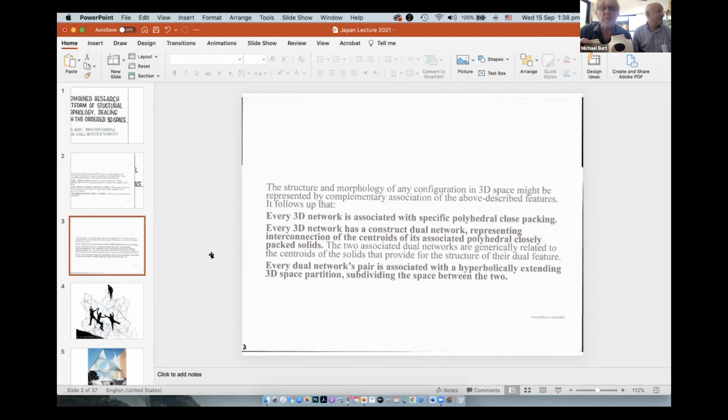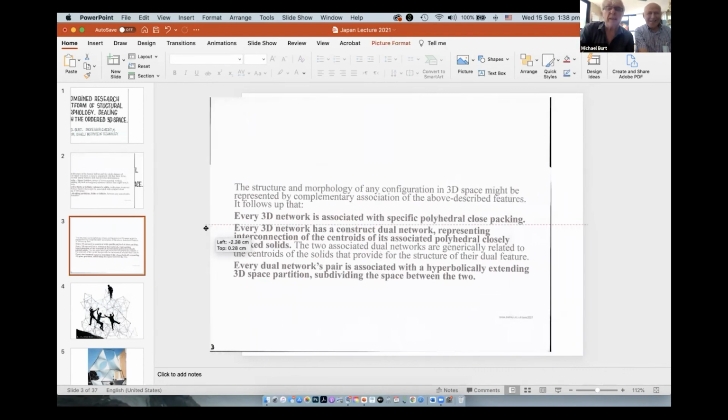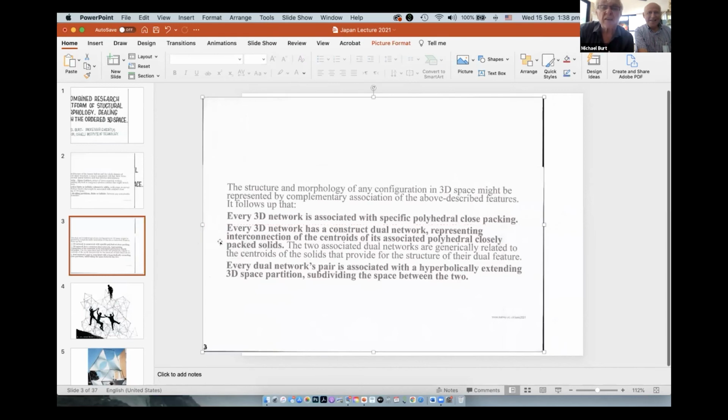The structure and morphology of any configuration in 3D space might be represented by complementary association of the above described features. It follows that every 3D network is associated with specific polyhedral close packing.